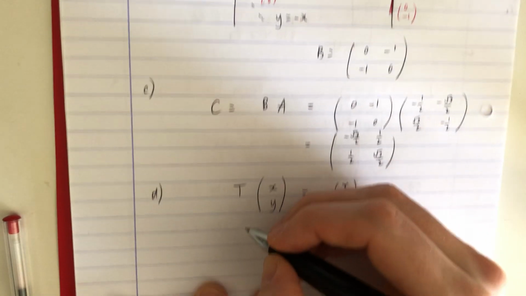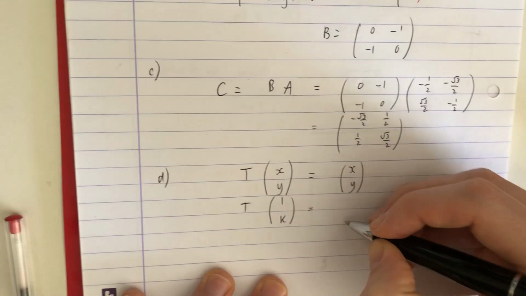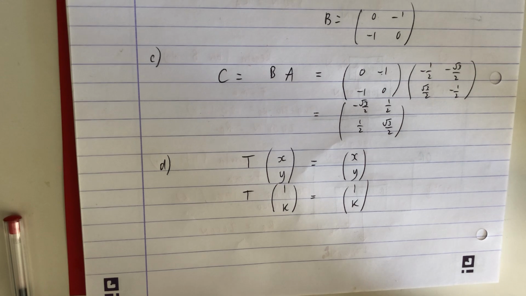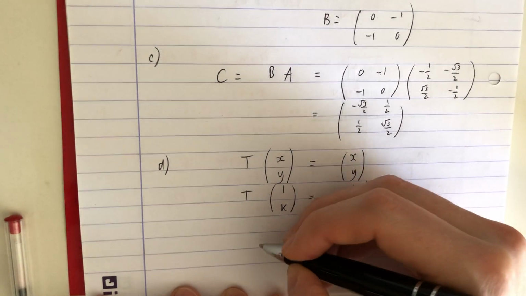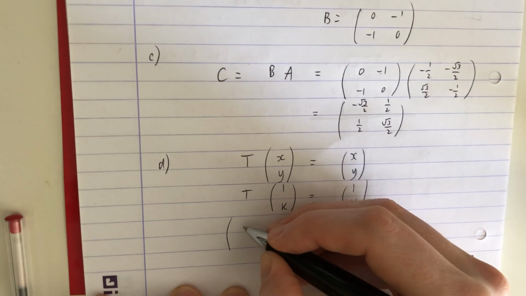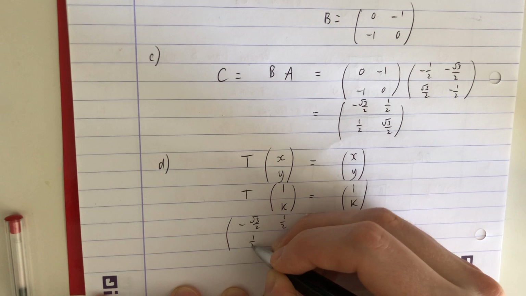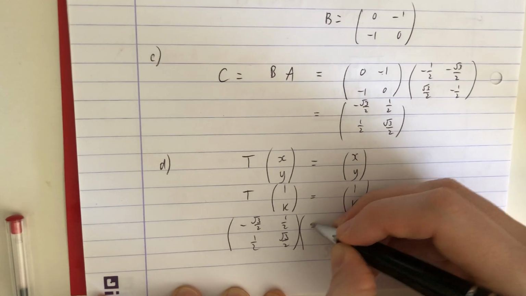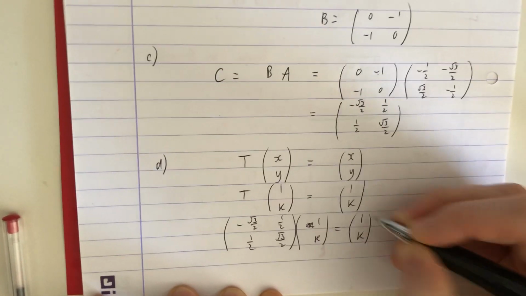So we want T of 1, k to go into 1, k, and matrix T is the thing we just worked out, which was minus root 3 over 2, a half, root 3 over 2, times by 1, k needs to go to 1, k.